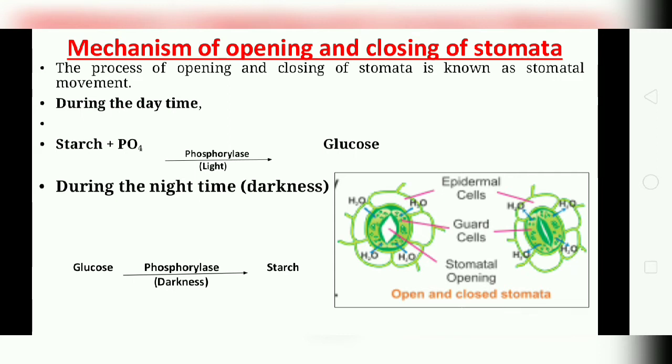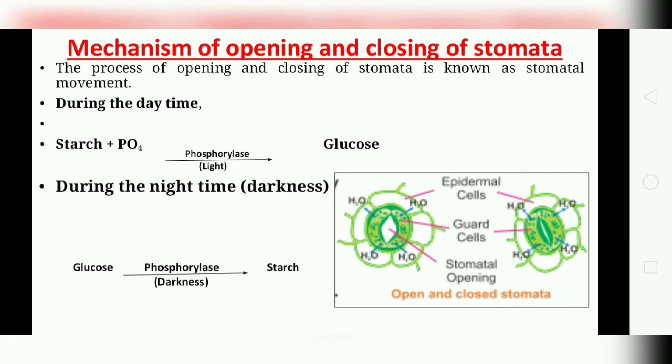During the daytime, when there is light, starch is converted into sugar in the presence of inorganic phosphate. During this process, an enzyme known as phosphorylase acts as a catalyst. Glucose, being soluble in water, increases the osmotic pressure of the guard cells.